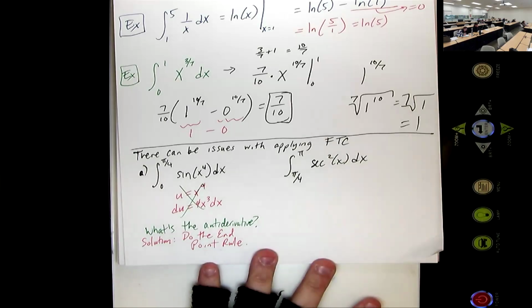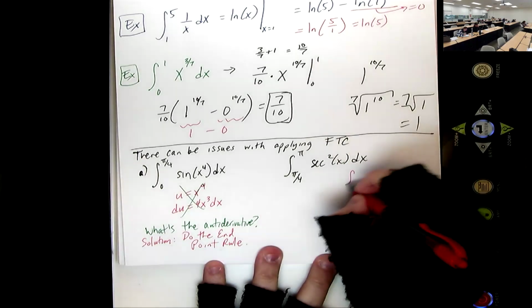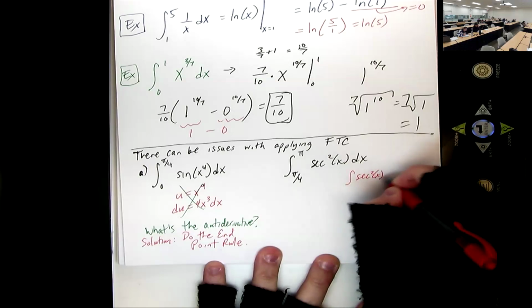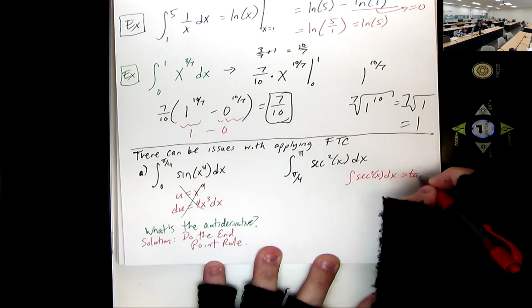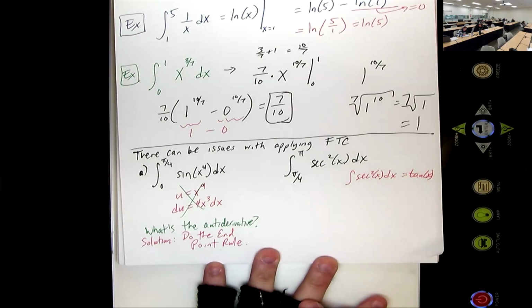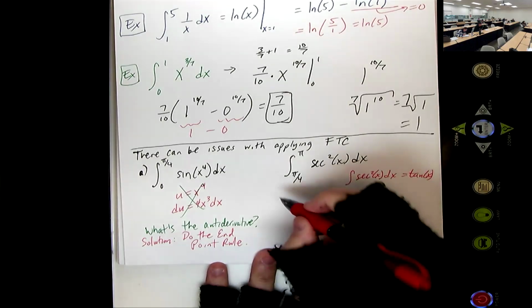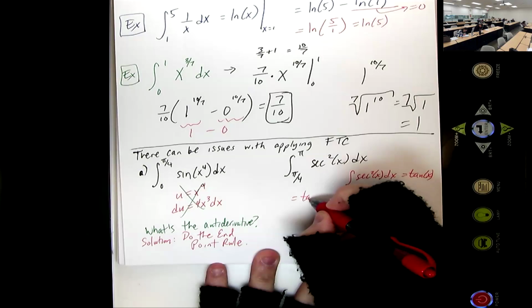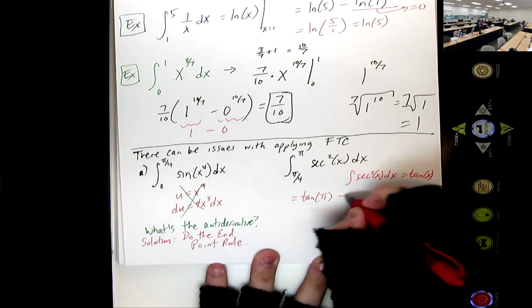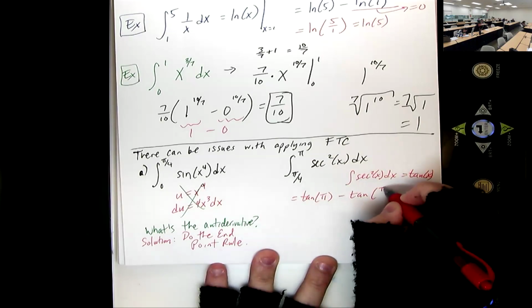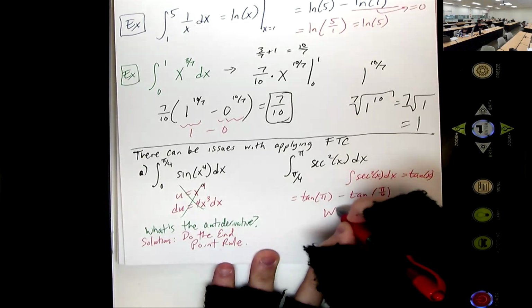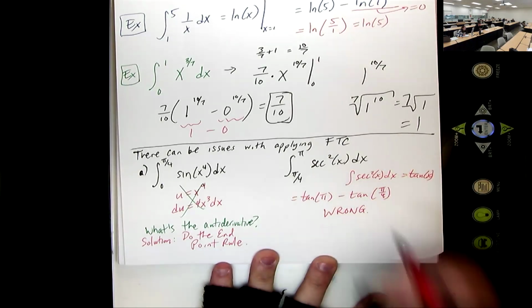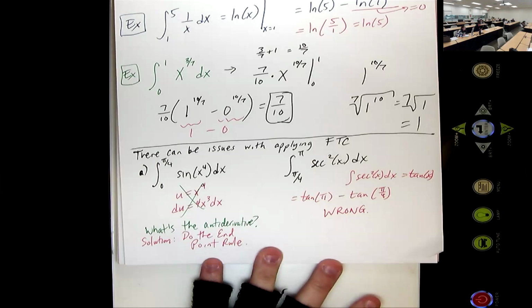The integral of secant squared x dx is tangent x. So you kind of want to say tangent of pi minus tangent of pi/4. And this is wrong. Why?